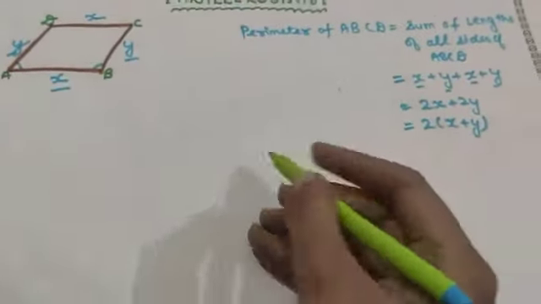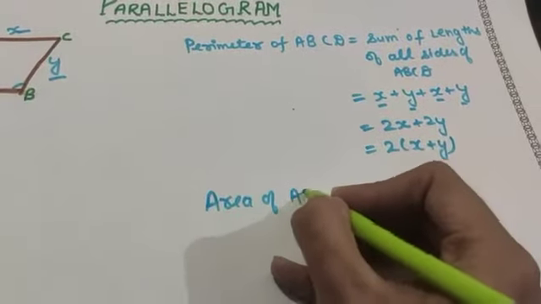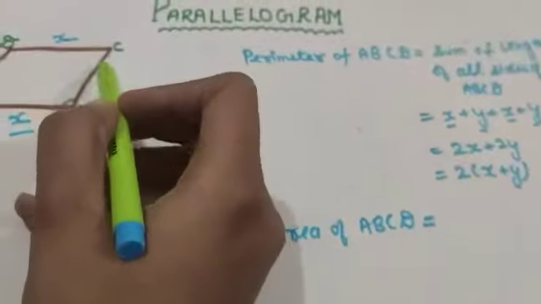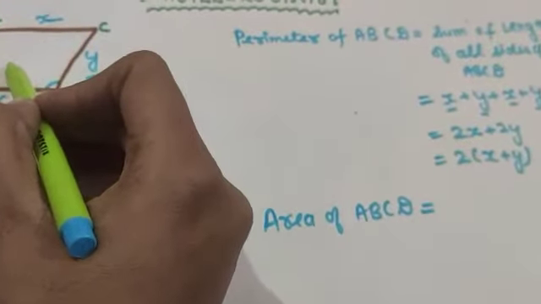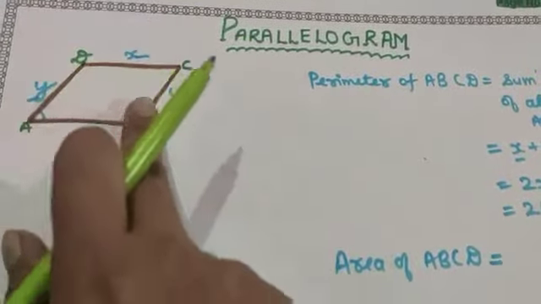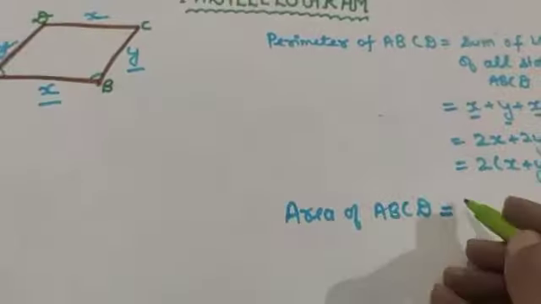Now what about the area of the parallelogram? What is the meaning of area? Area of any quadrilateral means the total region enclosed by the plane figure. Okay, so let us derive it.